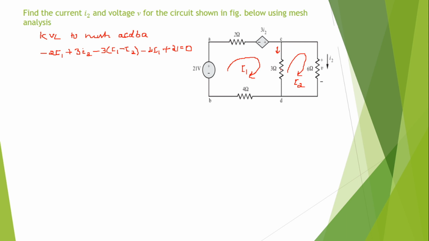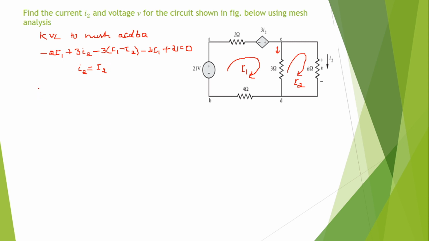That is I2. So small i2 equals capital I2. The dependent variable equals the mesh current I2. Substitute this in the equation.